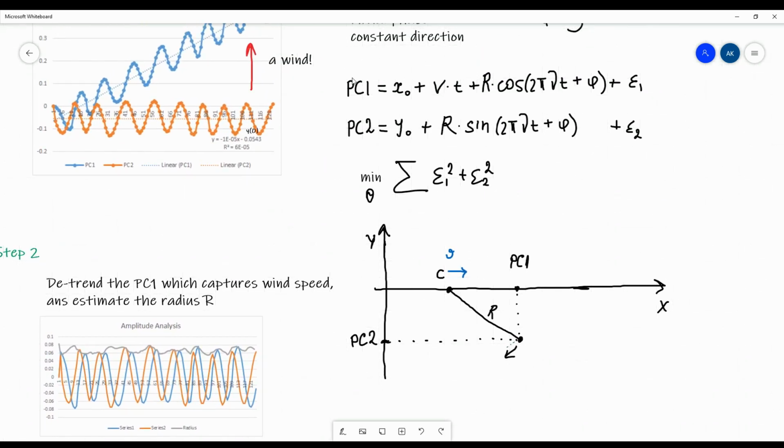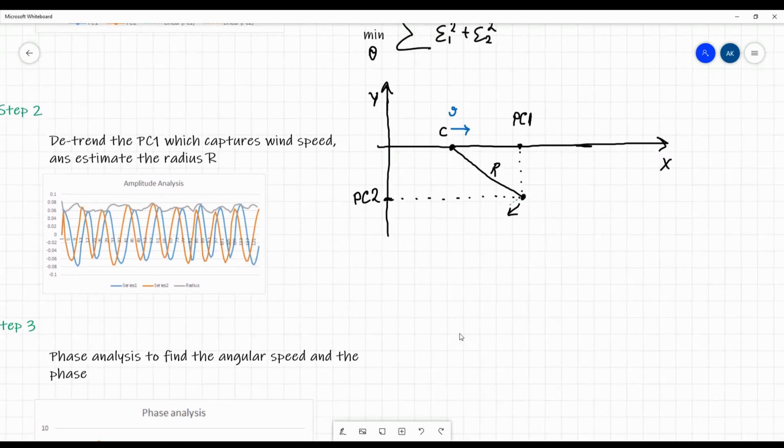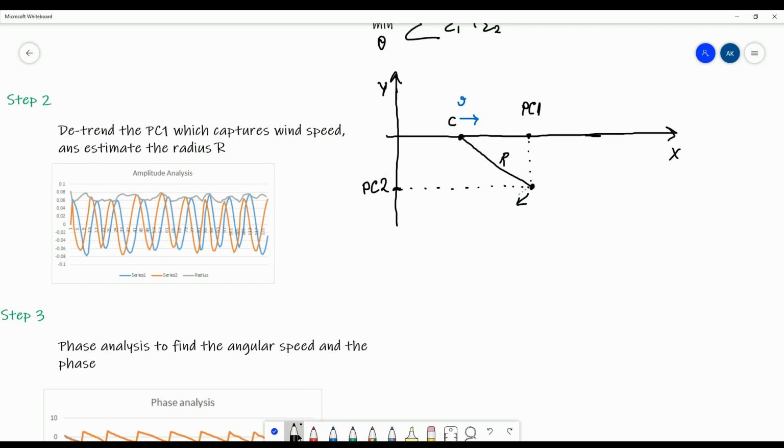See, the detrended PC1 was just r cosine, and detrended PC2 was just r sine, right? So that's what we did. We got PC1 squared plus PC2 squared, which was equal to what? R squared.